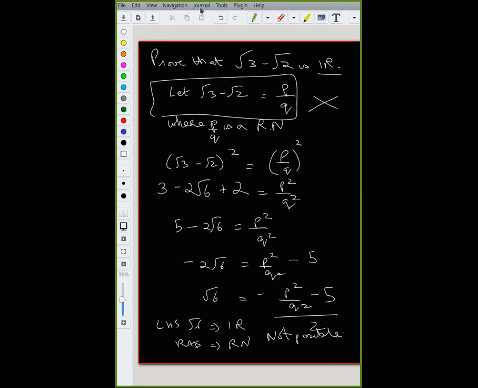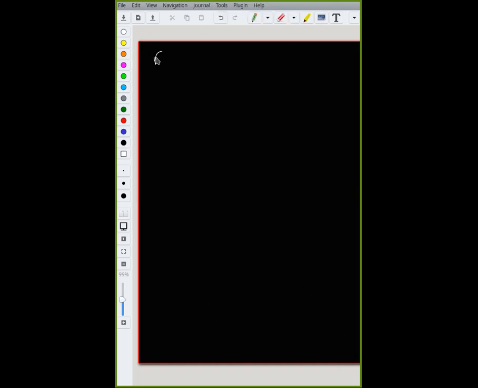Okay, do this one. Find 3 irrational numbers between 2 and 2.5. Think about this. We have done this earlier.